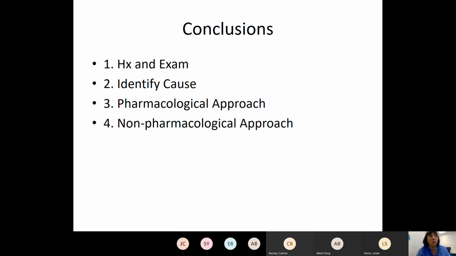If it's not working, stop it and try something else. Although sometimes we need a combination of different drugs working in different ways in order to reduce the symptoms. So exactly the reason why we give multiple antiemetics when we are potentially going to induce chemotherapy-induced nausea and vomiting. So history and exam, identify the cause, you consider pharmacological approaches, and always consider the non-pharmacological approaches as well.